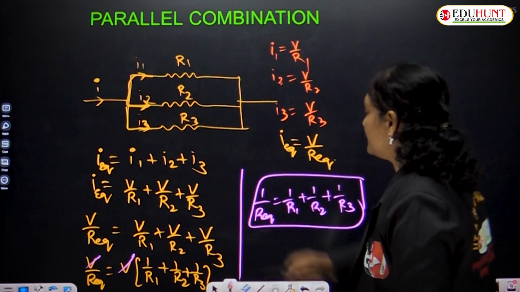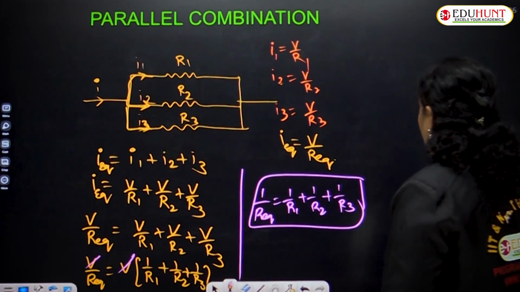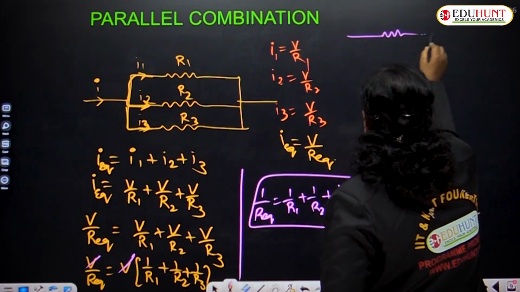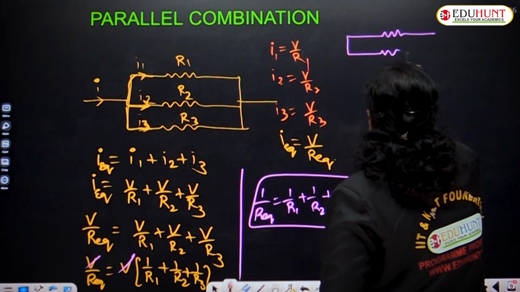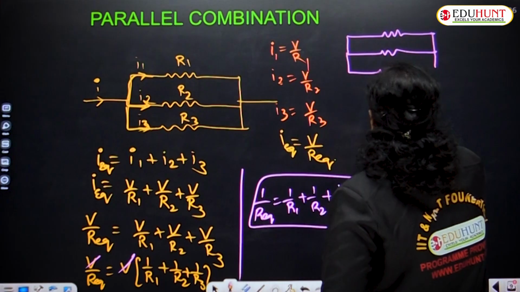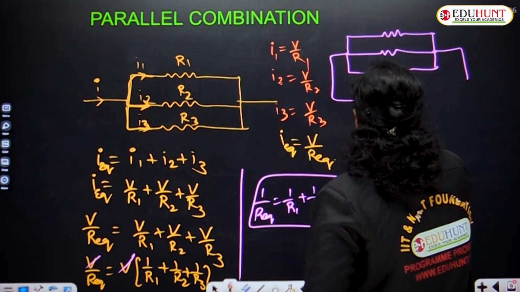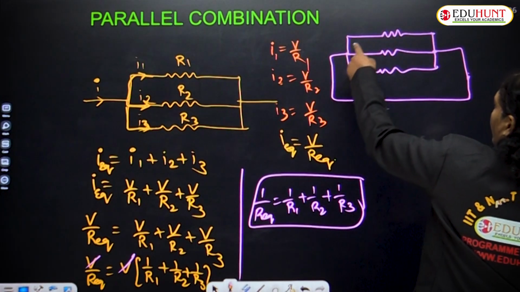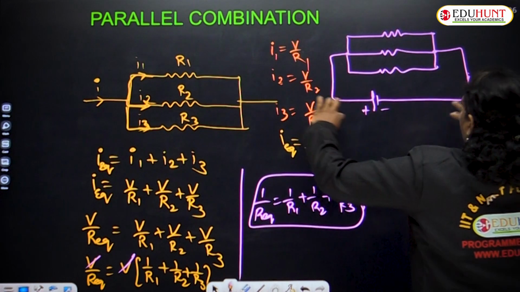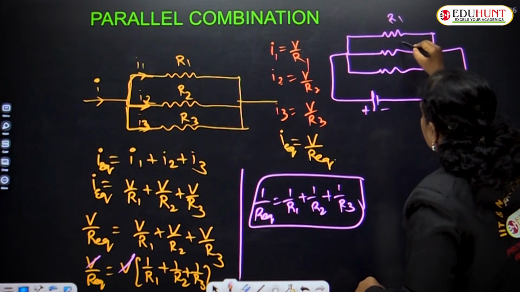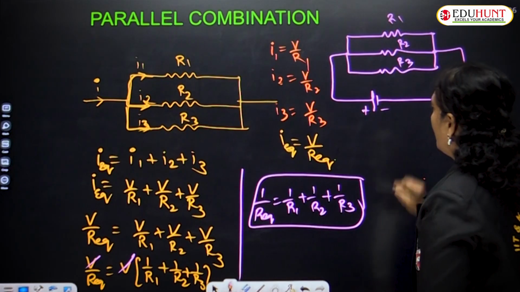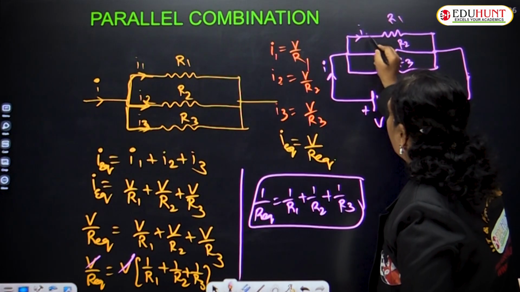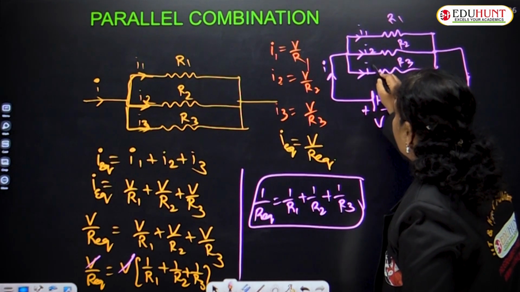Okay, children, let us see how this is connected in the circuits. These three resistors are joined in the circuit as something like this. This is the positive terminal, this is the negative terminal. The same amount of potential difference is applied across all three resistors R1, R2, R3, but here the current may be divided into I1, I2 and I3 respectively.